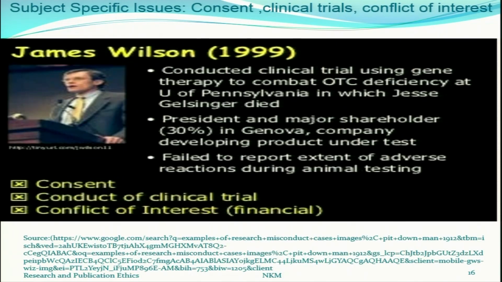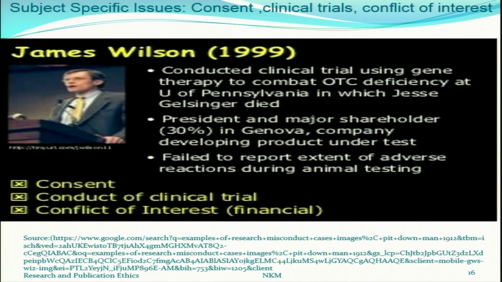This was a very popular case in the history of clinical trials, because Gelsinger was the first person who died during clinical trials, and this is the first case involving financial conflict of interest in clinical trials. The president and major shareholders in the Genovo company were developing the product under test. So Gelsinger died.